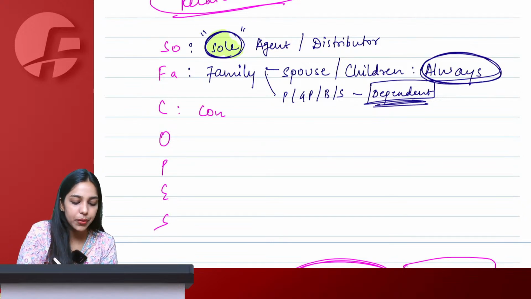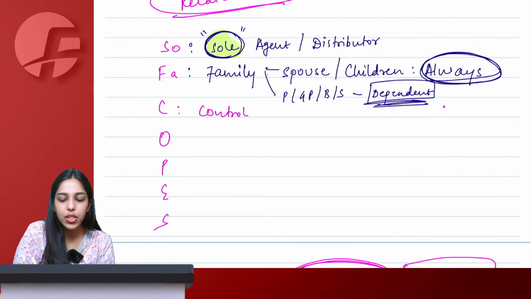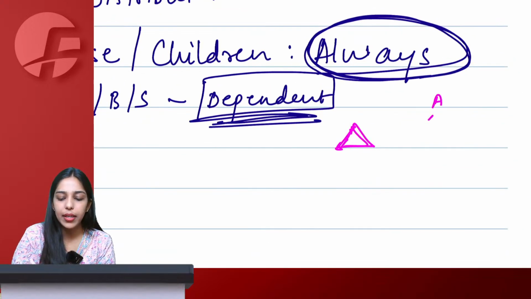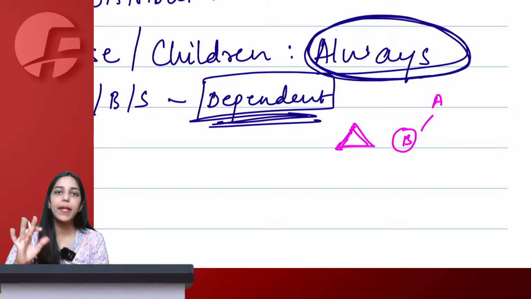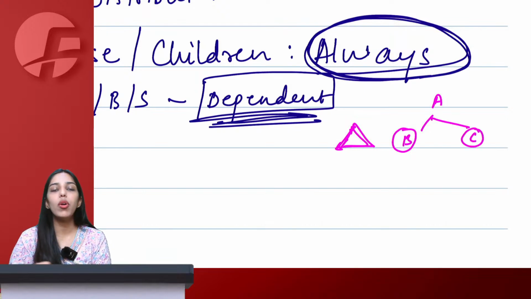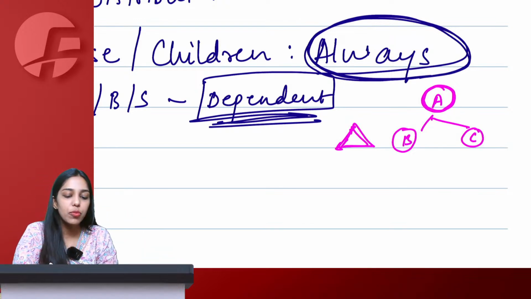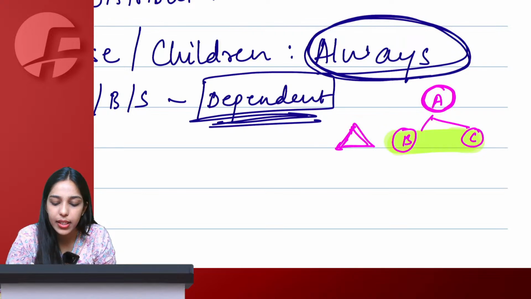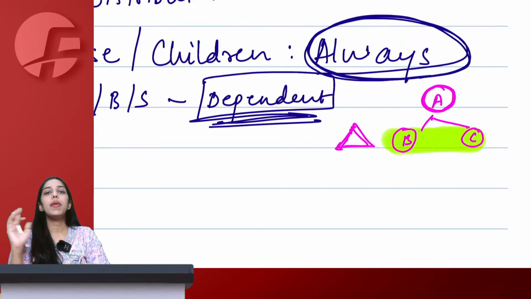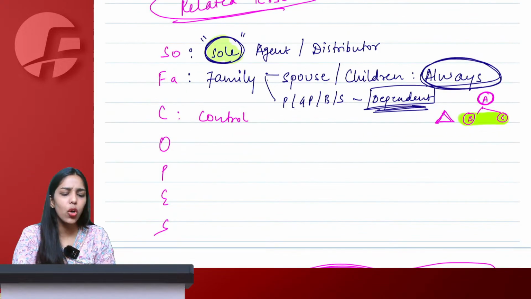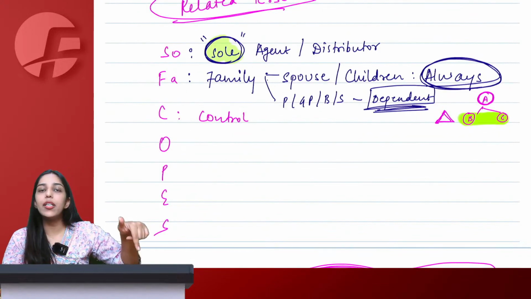C means control. Also, you can just draw a triangle here, which means if entity A is controlling entity B, they are related. Entity A controlling entity C, they are also related. But if a common person is controlling B as well as C, then B and C will also automatically be considered related persons. So you can simply draw a triangle that direct control is covered.